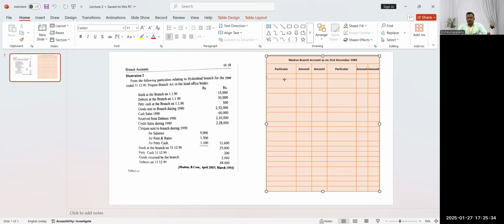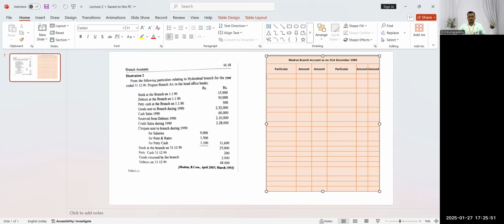Now we are going to solve the problem by using branch accounting, in case head offices are sending goods at the cost price. Already you know the format of a branch account.